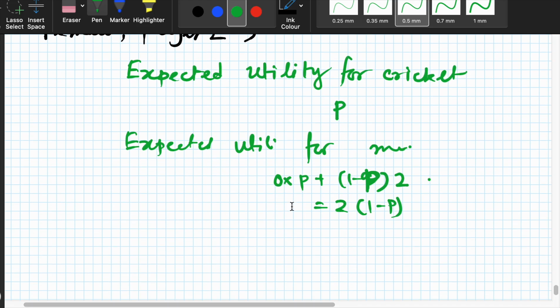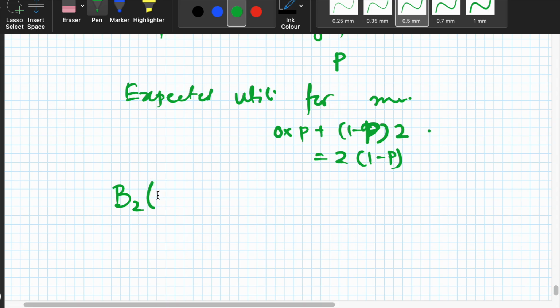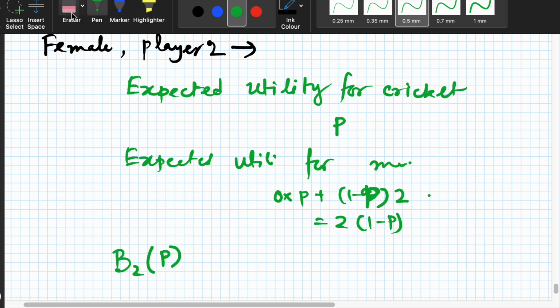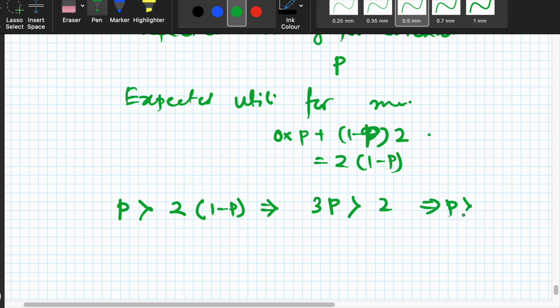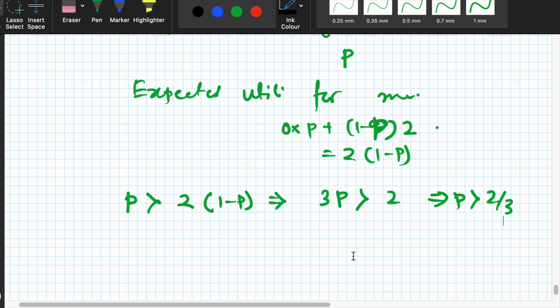So the best response function of player 2 we have to write. We first find when the expected utility for playing cricket, p, is higher than going to a musical concert, that is 2 into 1 minus p. We find that 3p has to be greater than 2. So when p is greater than 2/3, going to cricket is higher.